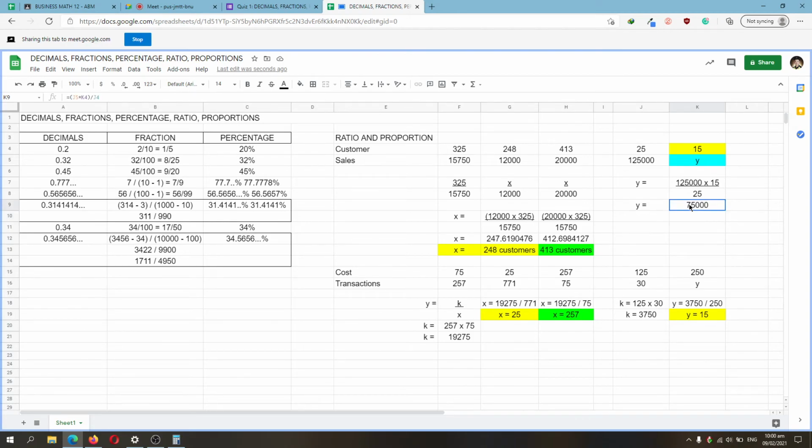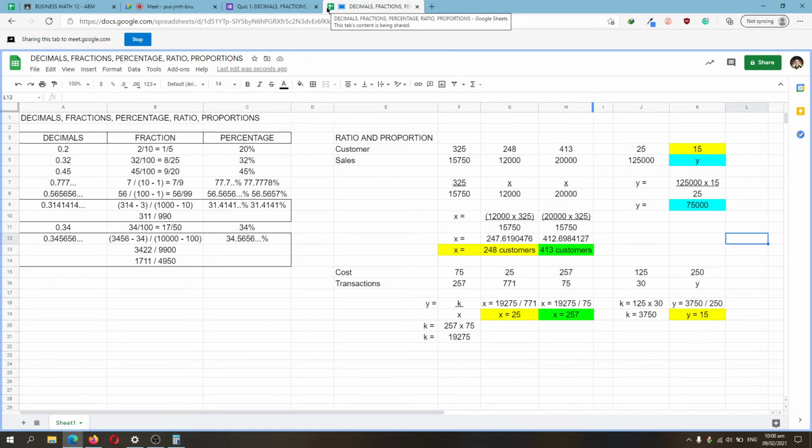So, ang sales natin ay 75,000, kasi yan yung ating estimated na sales. So, ganyan sinasagutan yung ating fraction, ratio and proportion.